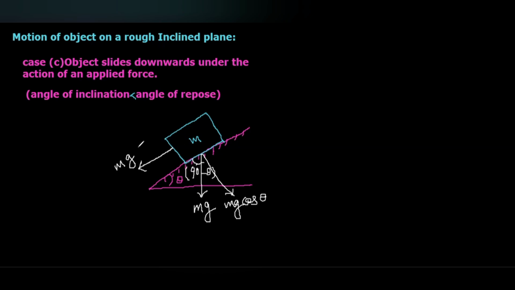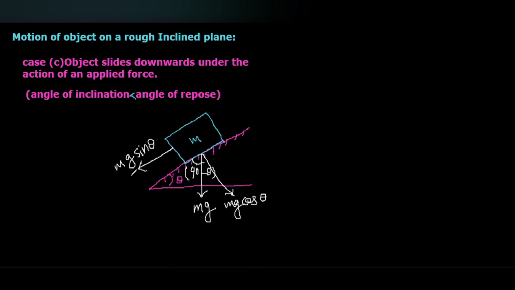It will become mg sin theta. In case the angle of inclination is greater than angle of repose, due to this component mg sin theta itself, the object slides downwards. But here, angle of inclination is less than angle of repose. So due to this mg sin theta, the object will not slide downwards.